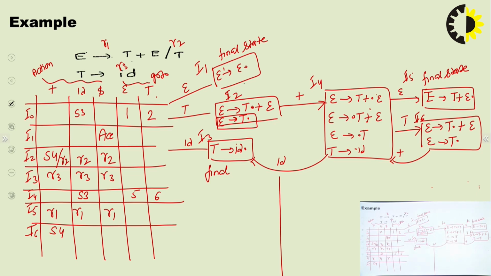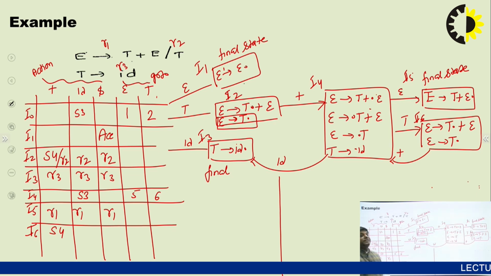It means in the action table, if shift and reduce are applied in the same box, then that grammar is not LR0 grammar, because that is the problem in the action and go to. Either a shift-shift problem, where two shifts are applied, or an RR problem. Here we have a shift-reduce problem on the same state. This is not LR0 grammar. For better understanding, we move to another example.